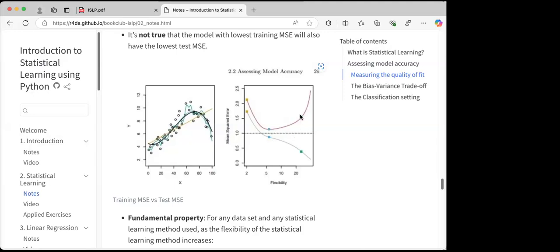Whilst the green square, the MSE is very high for the test data, so it's not the preferred model. So in this context, the blue model will be the preferred model for estimating F.